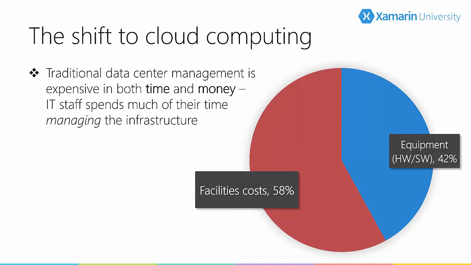And so a lot of enterprises have begun to shift toward cloud computing to utilize data centers operated by somebody else where they manage the infrastructure for you, they pay for the electricity, they deal with cooling, they deal with keeping that system online and available 24/7, and we simply push our data up to these servers and use those servers. This saves us both time and money because we don't have to manage any of that infrastructure ourselves.